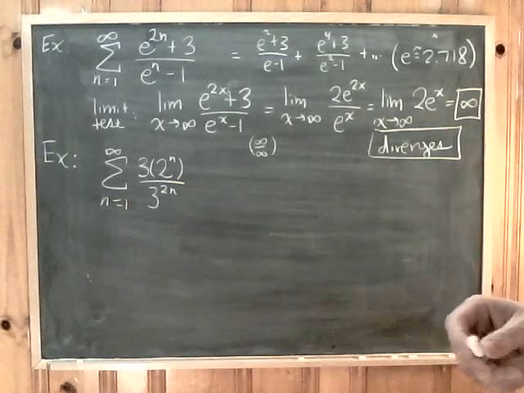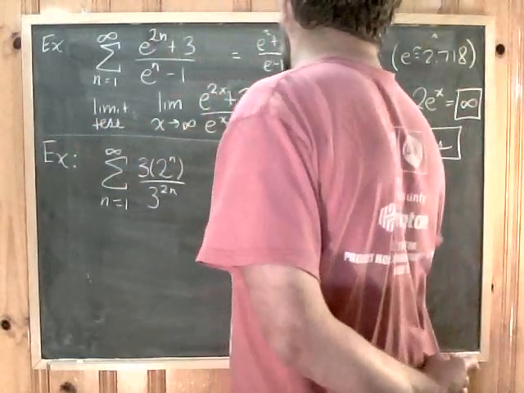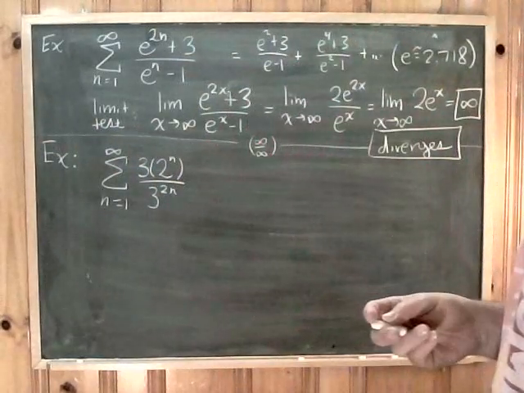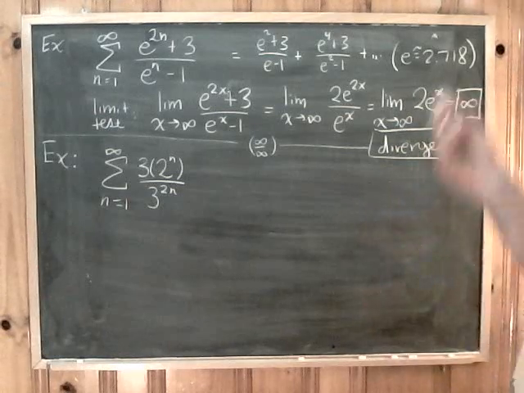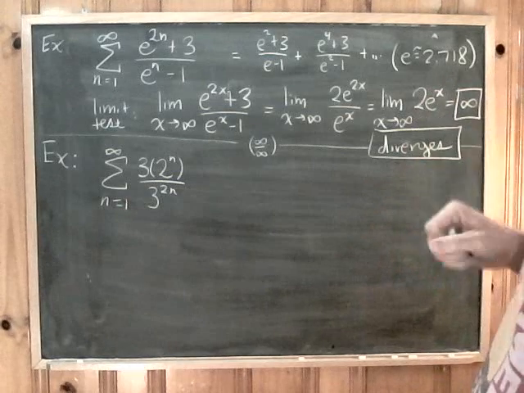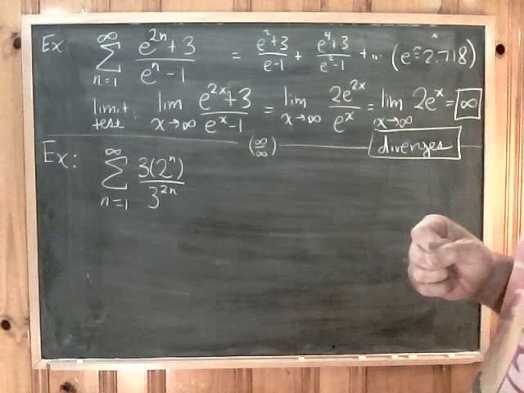All right, so let's look at this one. Right now we only have 2 ways to determine a convergent or divergent infinite sum. The limit test, which, by the way, only to remind you, tells you that it diverges. The limit test can't tell you that it converges.